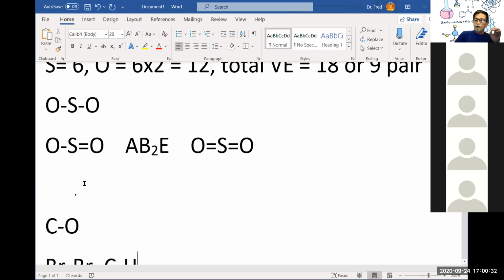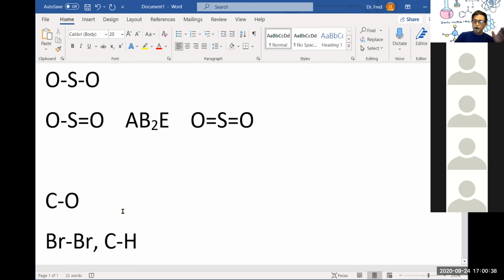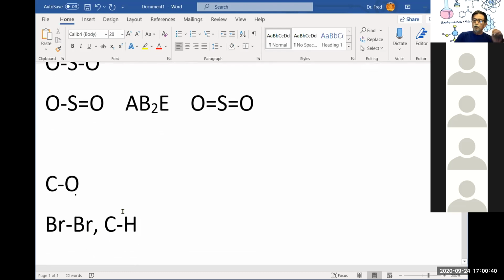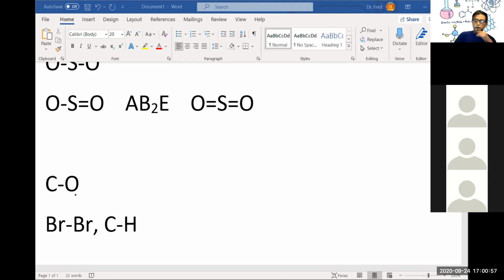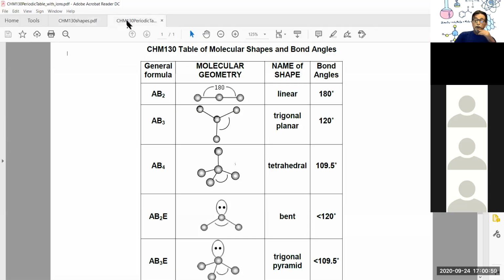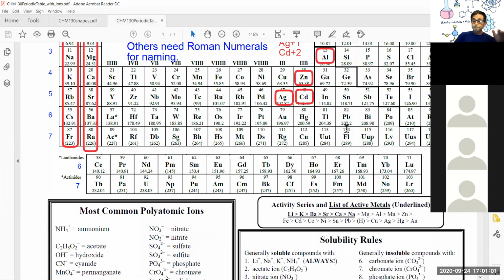Now, remember about electronegativity. Looking at the carbon-oxygen bond down here that I just typed in, who is more electronegative, carbon or oxygen? How would I determine that? Whichever one's closest to fluorine. You got it. Remember the periodic table.